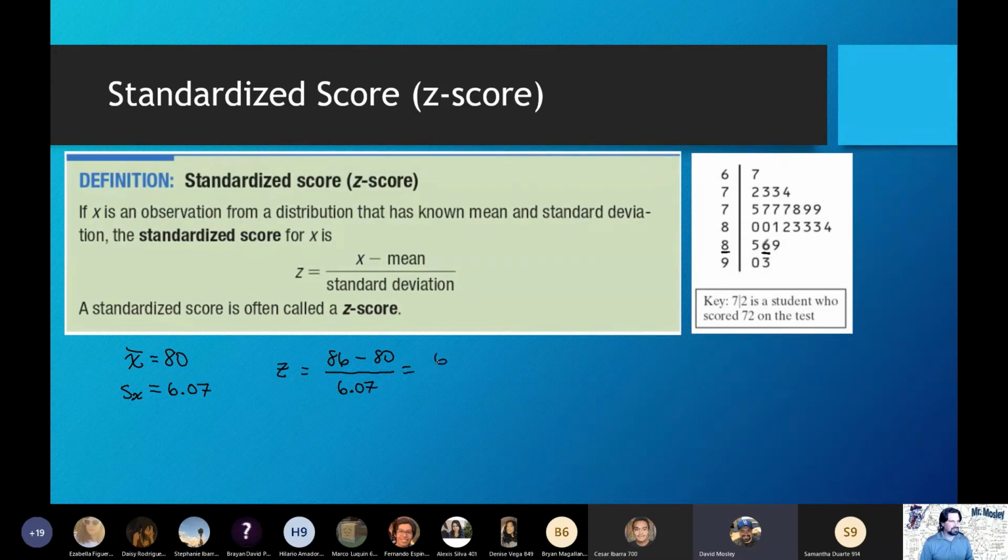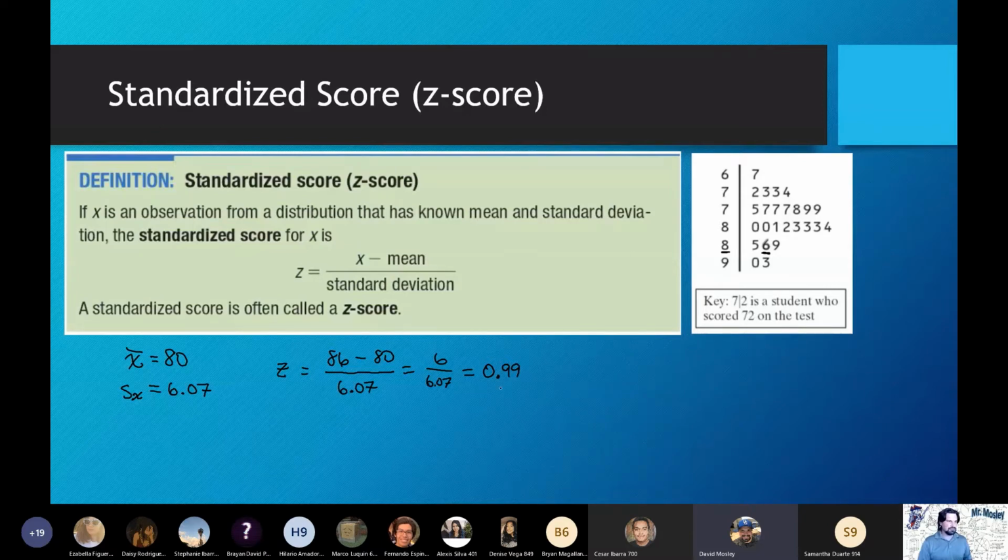So that's going to be 6 divided by 6.07, and that lands us on approximately 0.99. The actual decimal is 0.988467874. We're going to round that to 0.99.